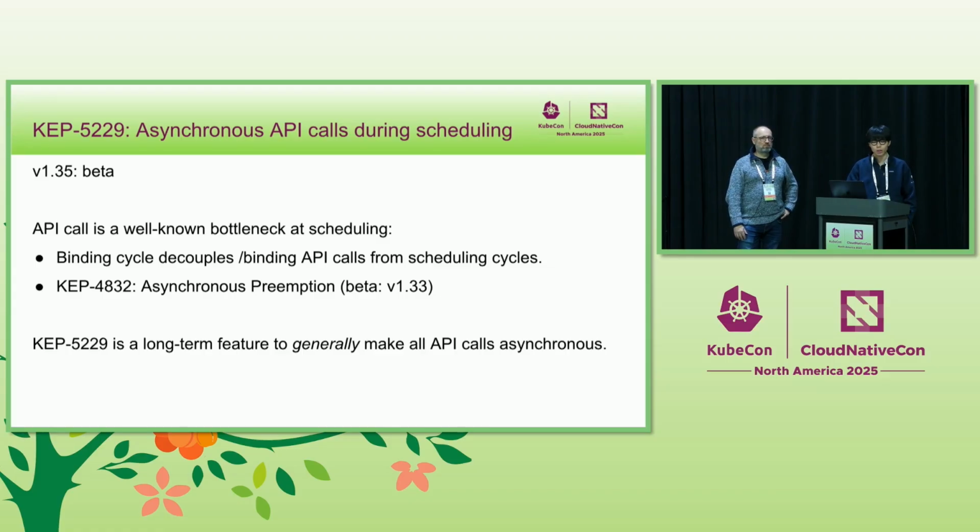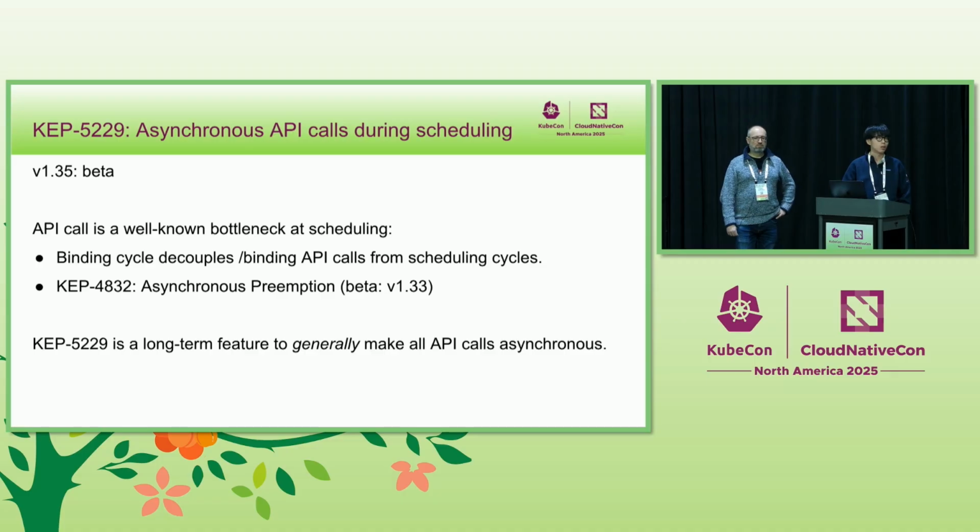So we already have some features to avoid API calls blocking the scheduling process. One is obviously the binding cycle that I mentioned. The second one is the asynchronous preemption feature, which is already implemented as a beta. And now we have this feature to make basically all API calls asynchronous in general.